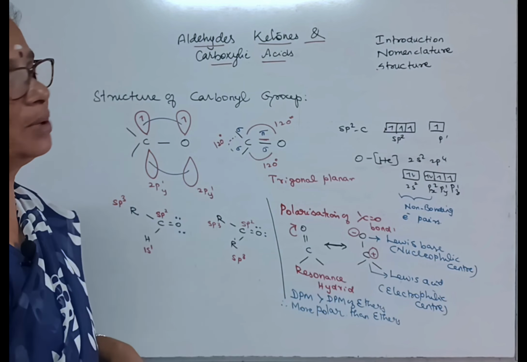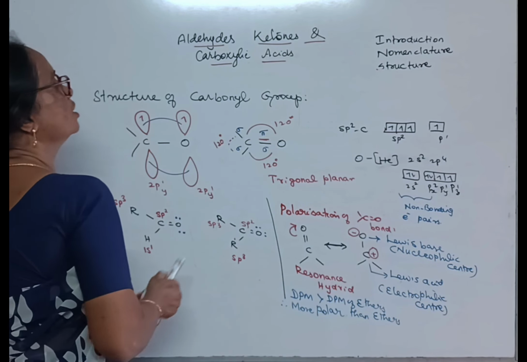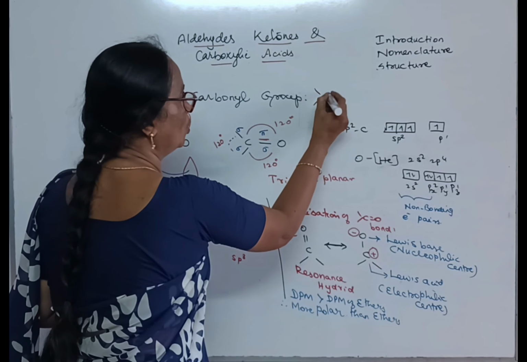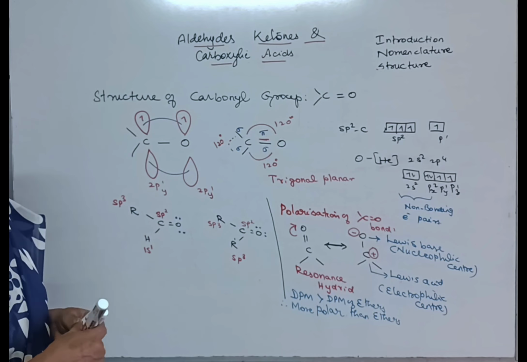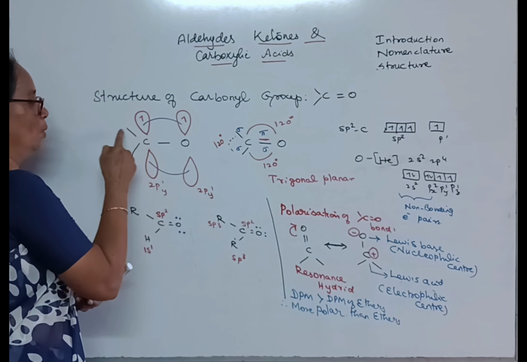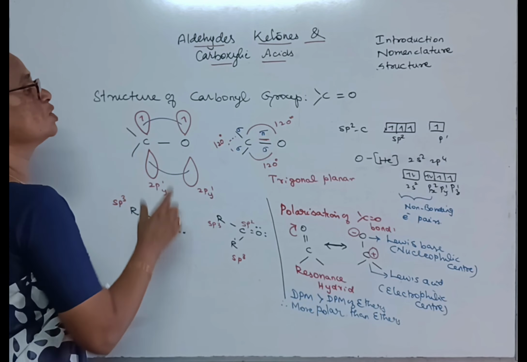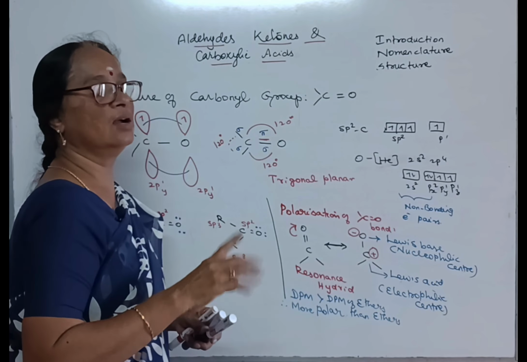Structure of the carbonyl group. Carbonyl, C double bond O. So in this carbonyl group, the carbon atom is sp2 hybridized because it has 3 sigma bonds, 1, 2, 3. So you can find the sp2 carbon out of its valency 4.